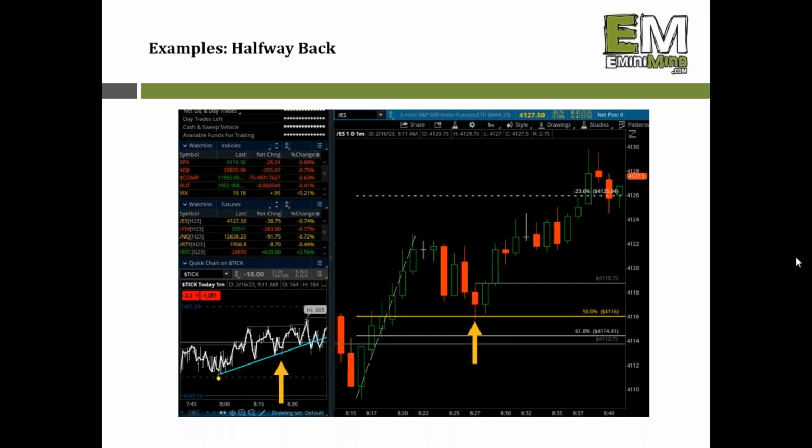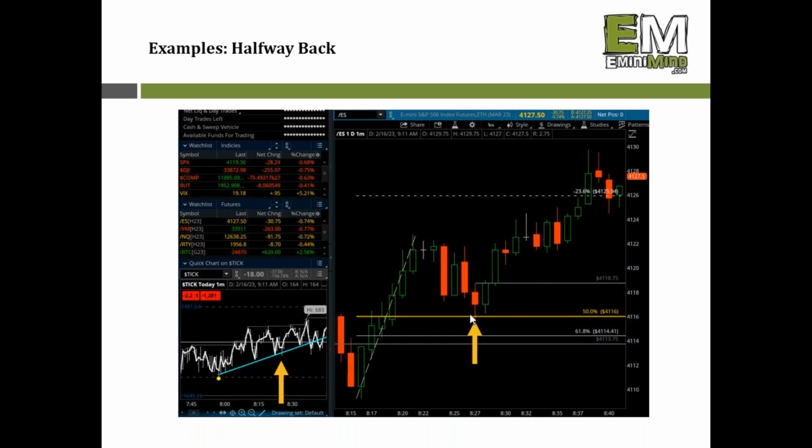It's not a hammer, but for those that are looking at halfway backs, 50% retracements, as I also do a fair bit of, the same entry parameters apply, excluding in this case the hammer, but getting long above the high of the low bar at the halfway back is a great opportunity if you're not comfortable getting in with a limit order at the 50% itself, or if you want a little bit more confirmation to see the bounce, see the support level, and then get in one tick above that candle's high.